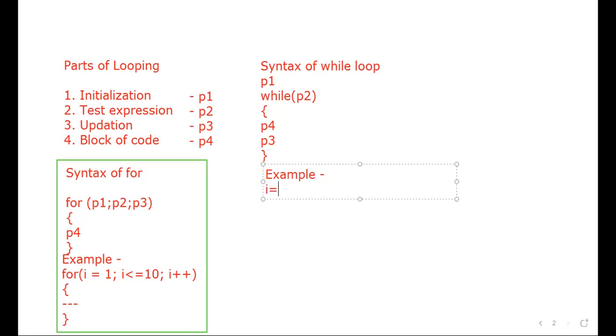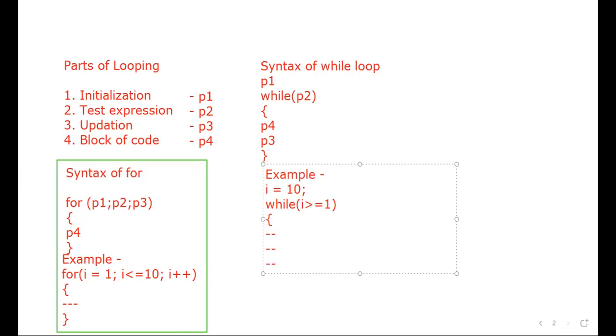While. Very good. While in the bracket, I is greater than or equal to 1. Very good. Then curly bracket, then these are all code statements to be executed.